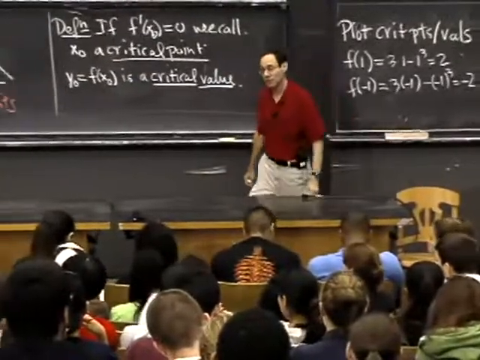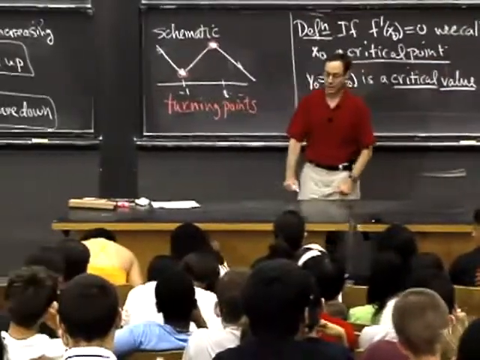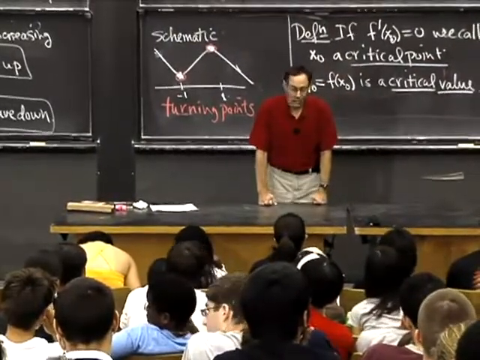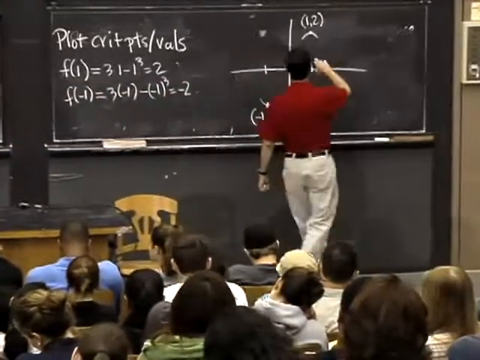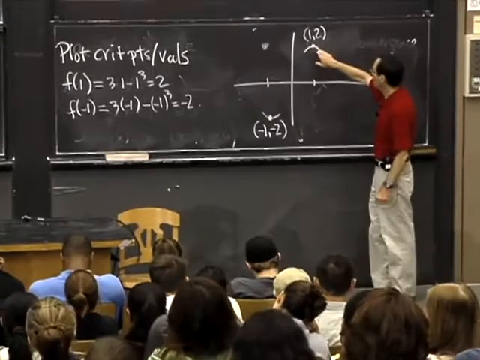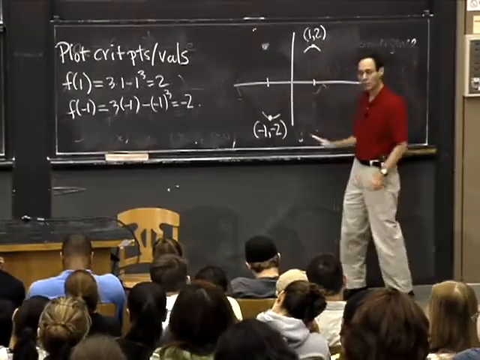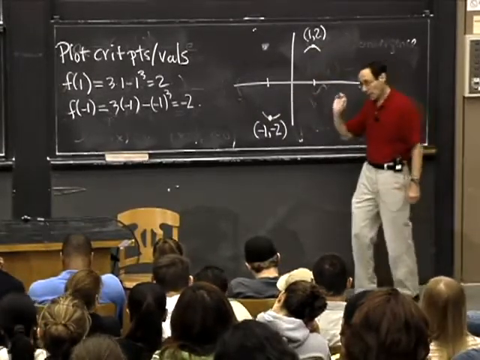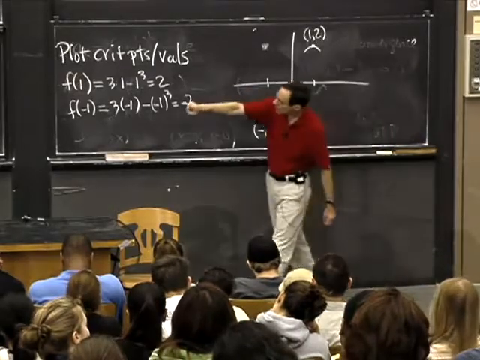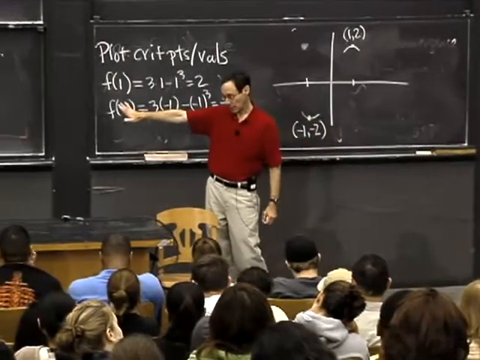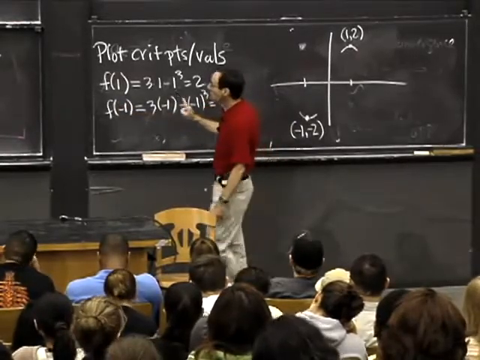Yeah, question? How do you know that at the critical point it's concave? The question that was asked was, how did I know at the critical point that it's concave down over here and concave up over here? The answer is that I actually did not use the second derivative yet. What I used is another piece of information.